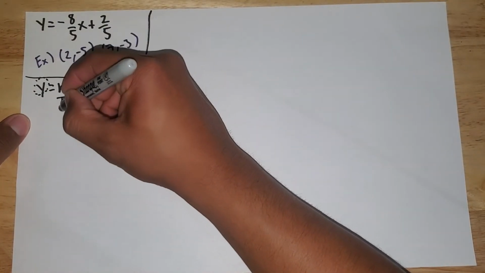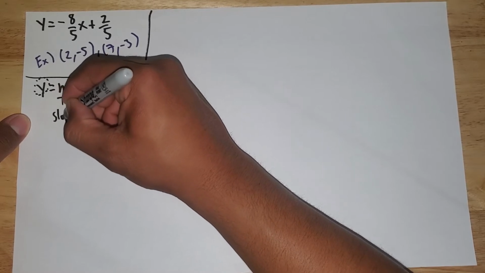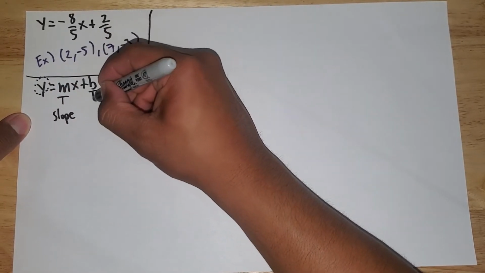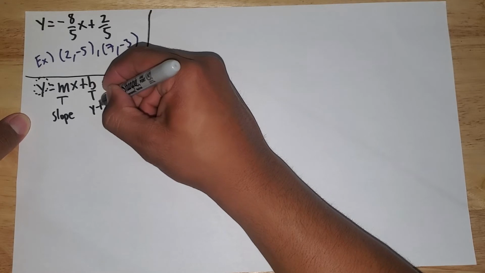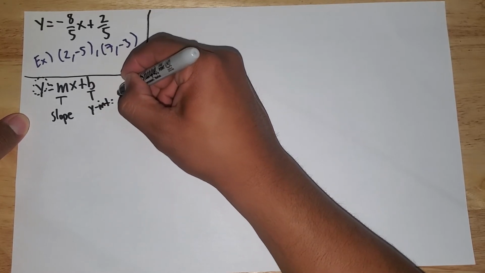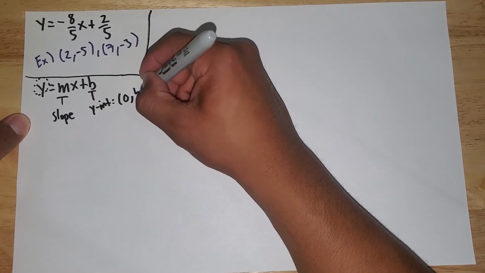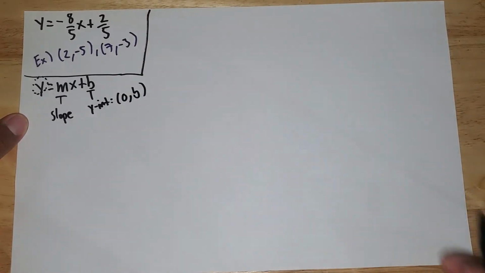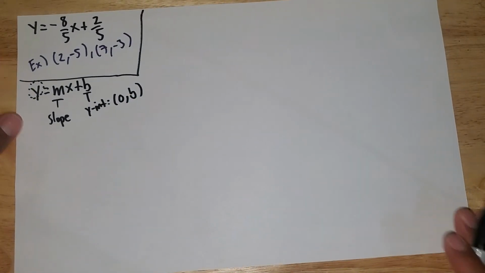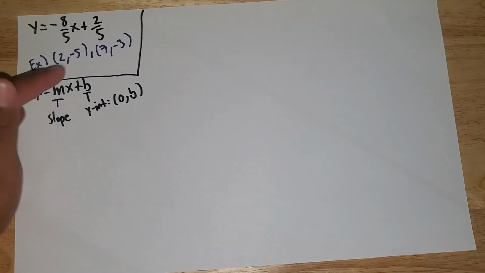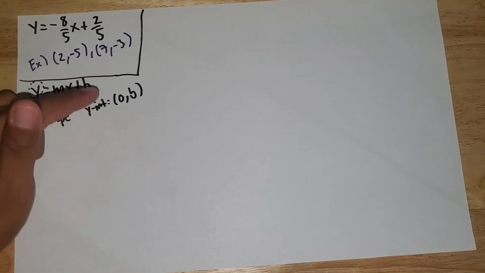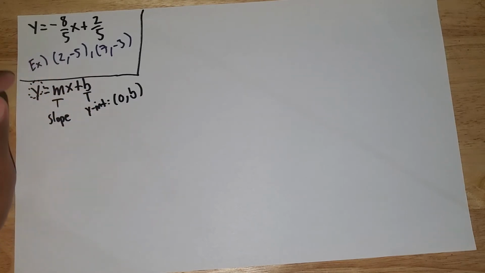Don't forget, this is the slope of the line, and this is the y-intercept, which would look like 0 comma b, because whatever b is. Sort of writing crooked for some reason. We need a point and a slope.